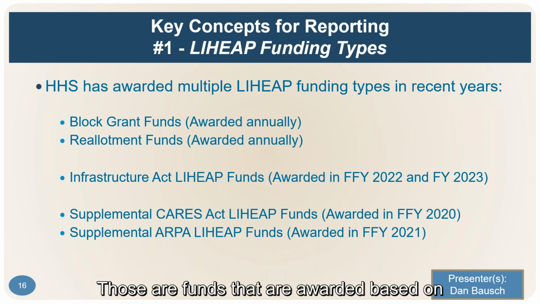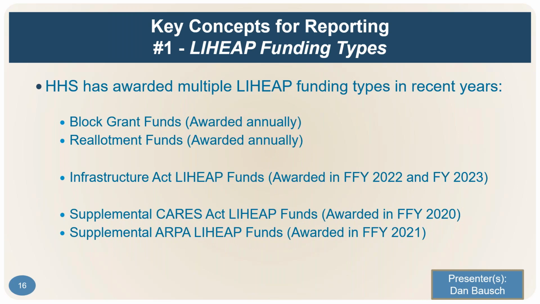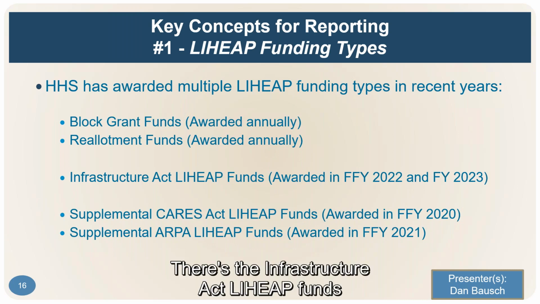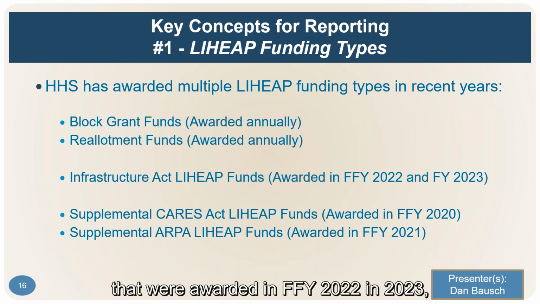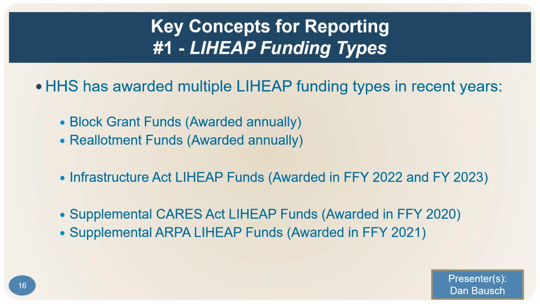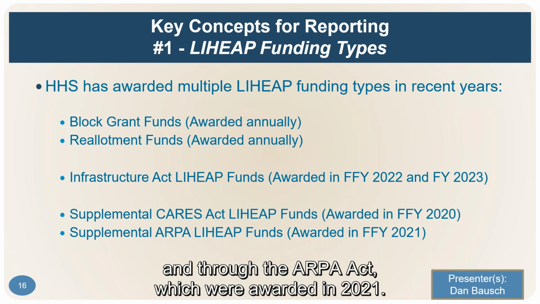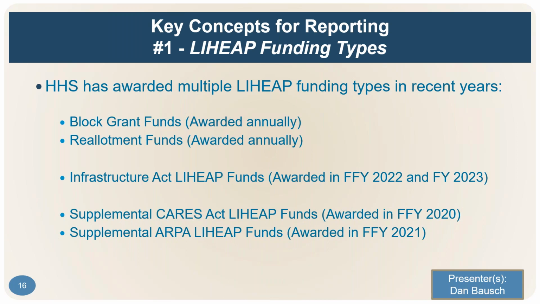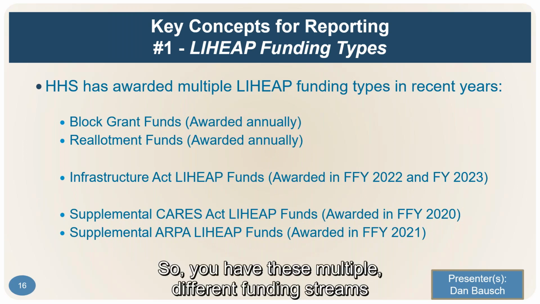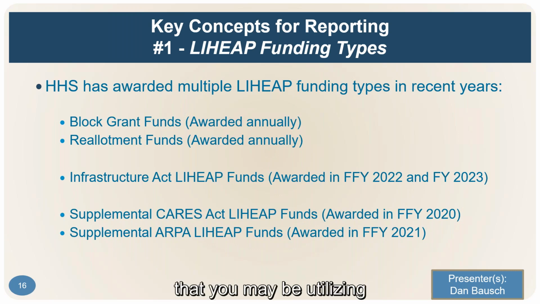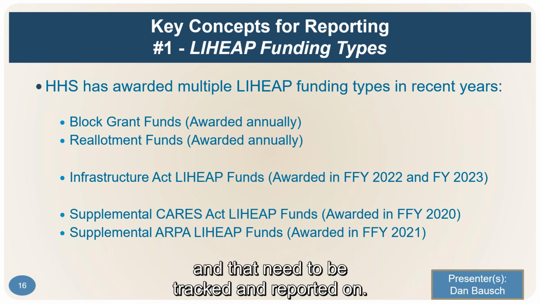Those are funds that are awarded based on returned funds the prior year. There's the Infrastructure Act LIHEAP funds that were awarded in FFY 2022 and 2023. Then there were the supplemental funds through the CARES Act and through the ARPA Act, which were awarded in 2021. So you have these multiple different funding streams that you may be utilizing and that need to be tracked and reported on.